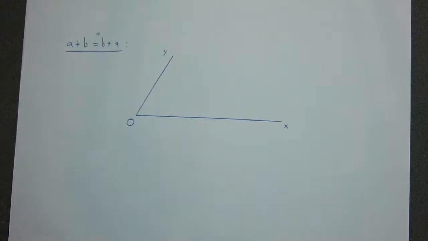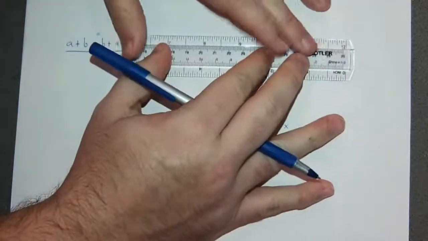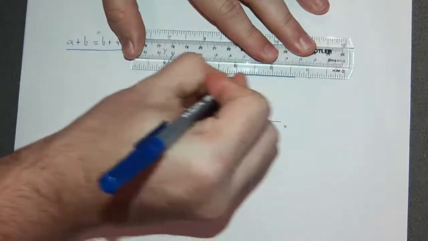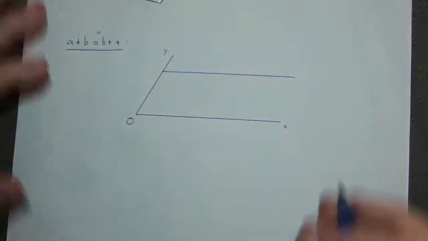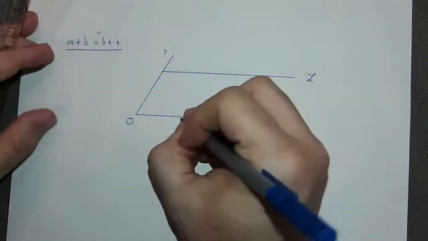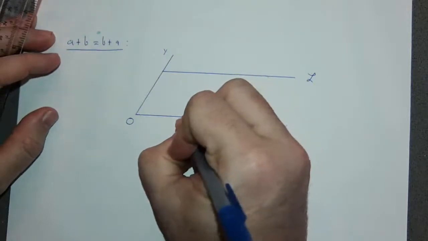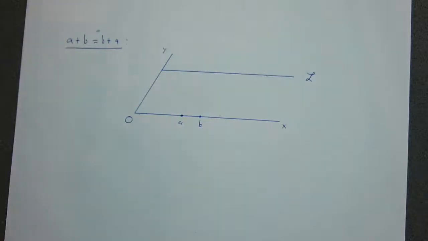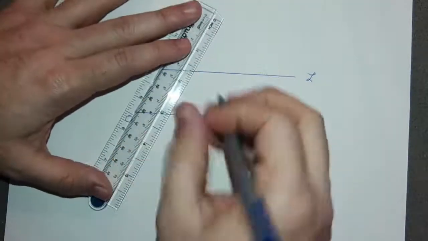I choose a parallel line L. From last time, we saw that it doesn't actually matter which parallel line to x you choose here. So here's my parallel line L. Okay, I have points A and B. How do I construct these things?